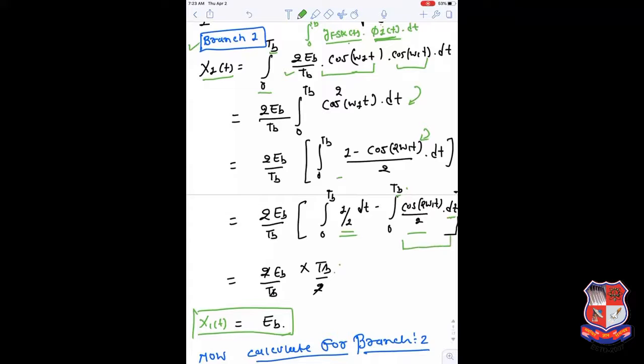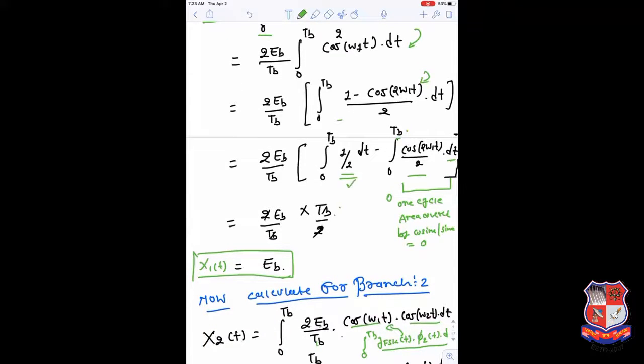Now we have already learned that if you take the integration of any cosine signal over one cycle, from 0 to T, that is the area covered by any cosine or sine signal, it would be equal to 0. So this term turns out to be 0, and we have only the first term.